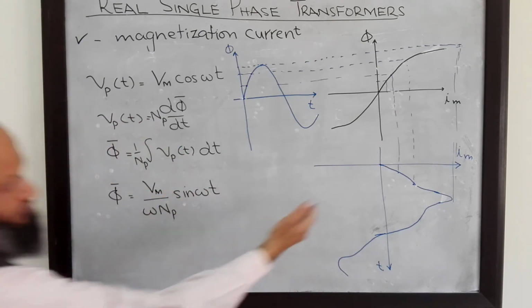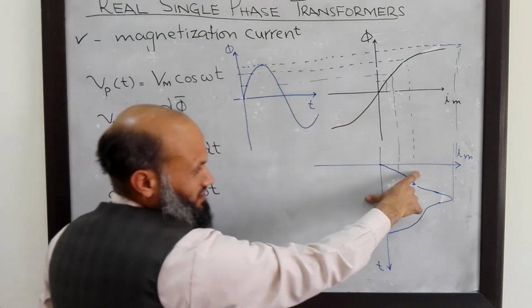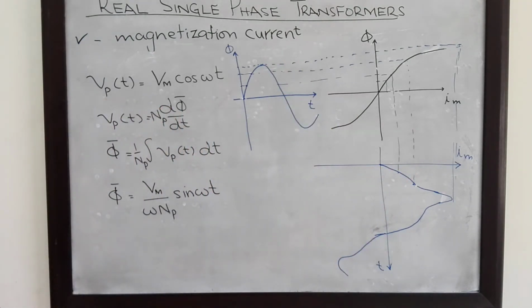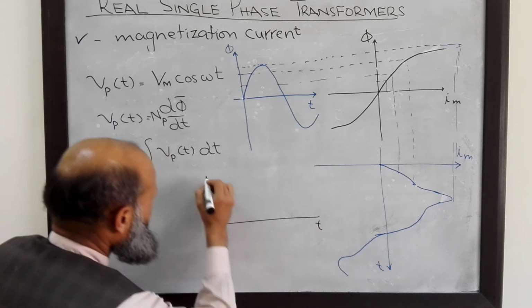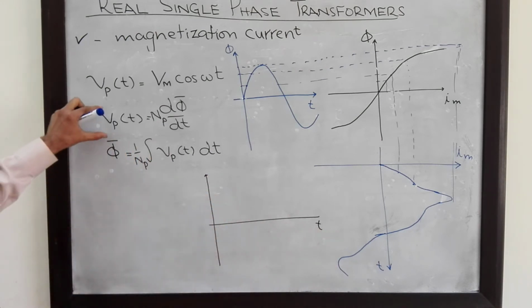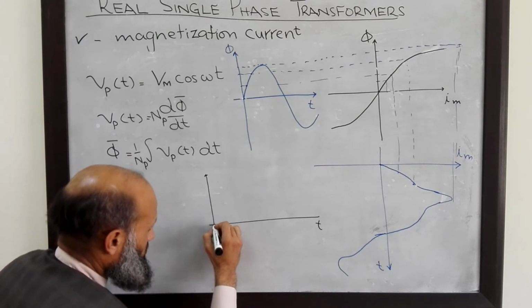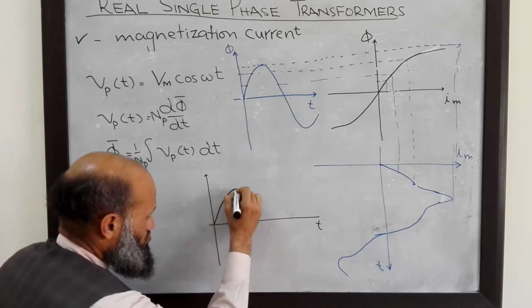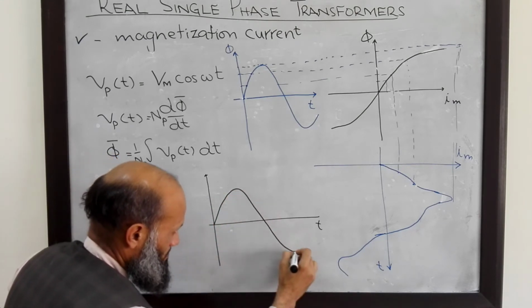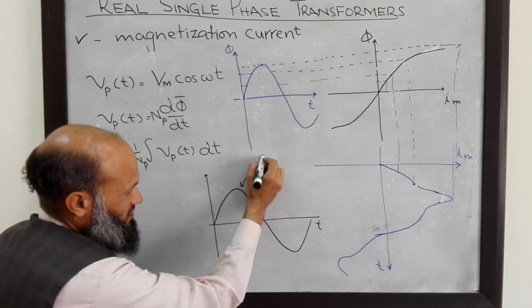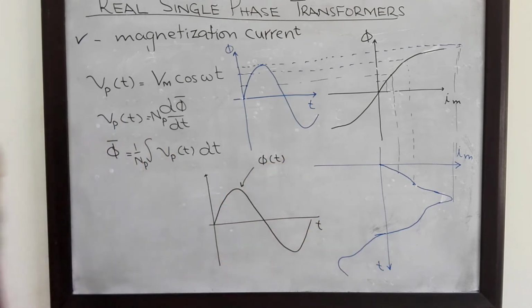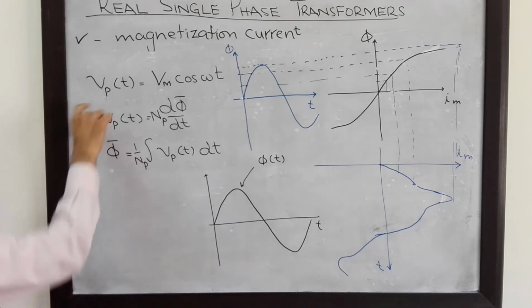If we plot this flux and the magnetization current on the same graph, we have this, the time axis, and this is the flux, and what is the applied voltage?